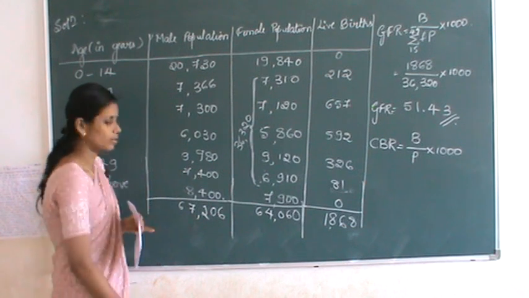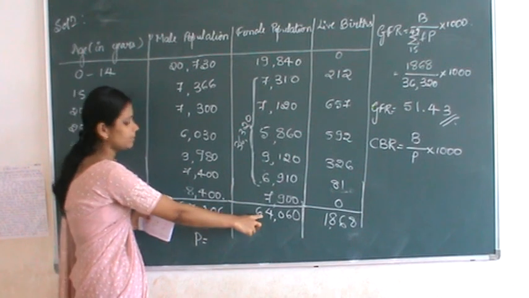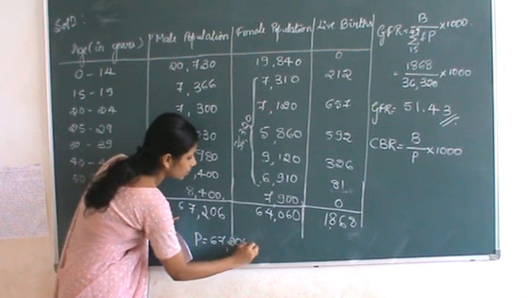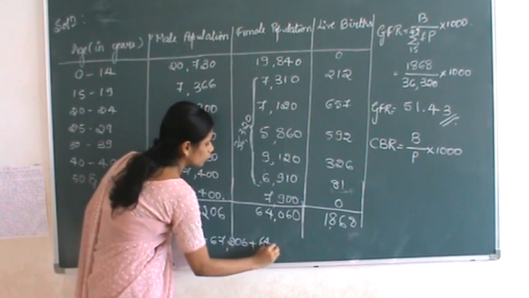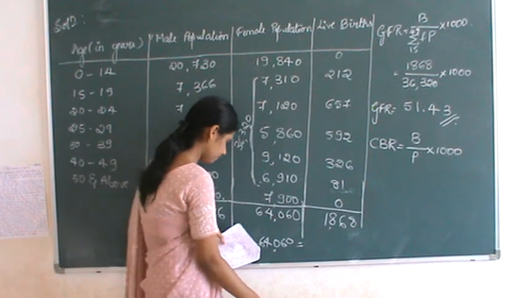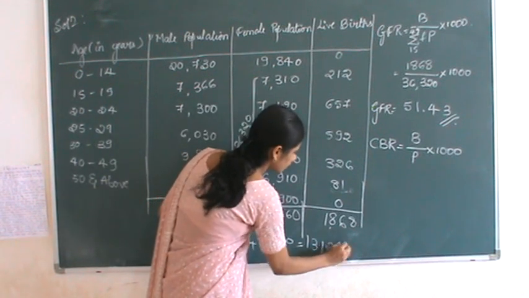Now we have to calculate P. P is equal to male population plus female population, that is 67,206 plus 64,060. The answer will be 1,31,266.